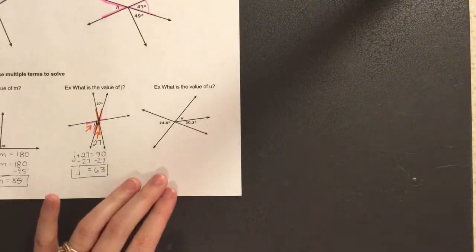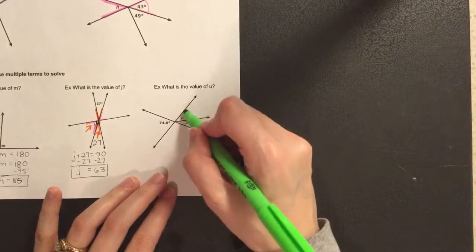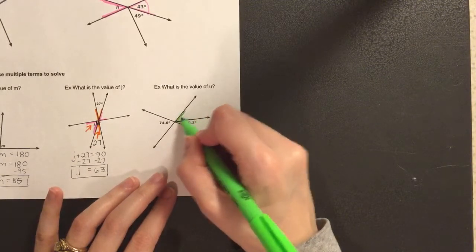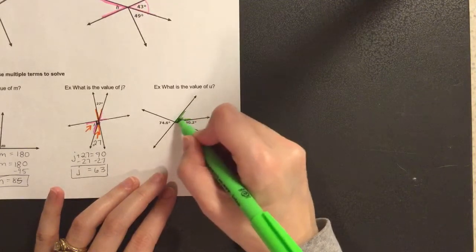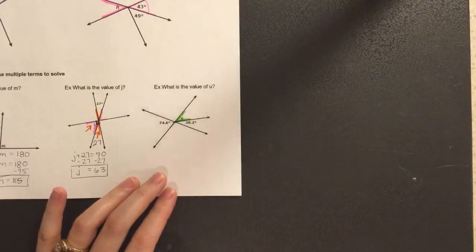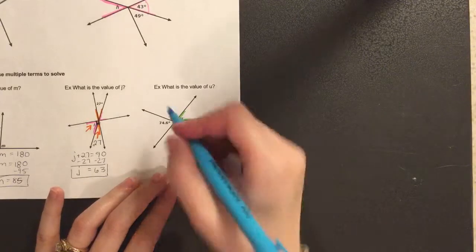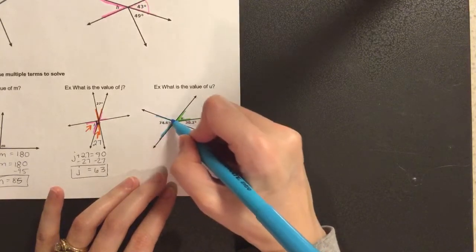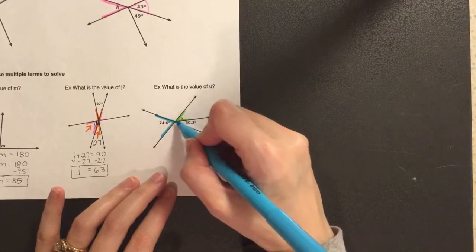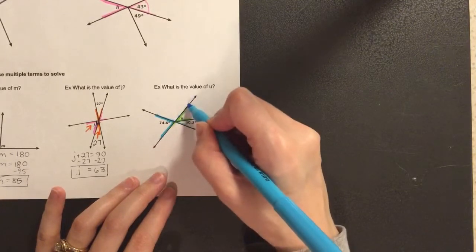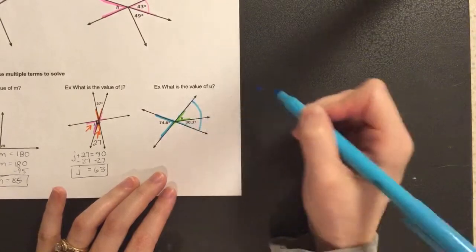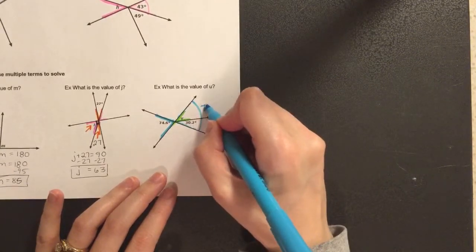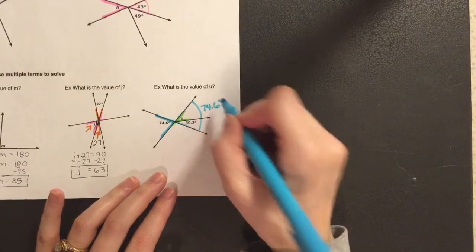And then looking at the last one, we've got angle U. And if we were to try and extend, there isn't a vertical angle to go along with it. But the angle that they gave us information for that is anywhere near to being vertical is the 74.6. So if I extend this one, I know that this big angle right here is going to be equal to 74.6 degrees.